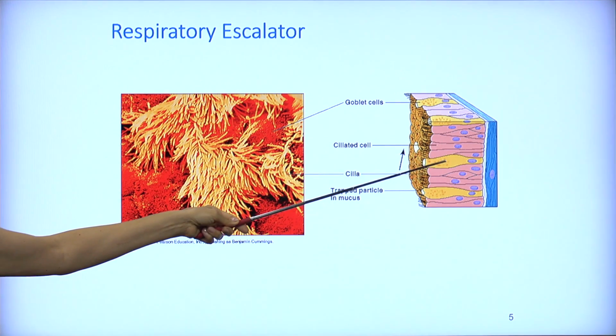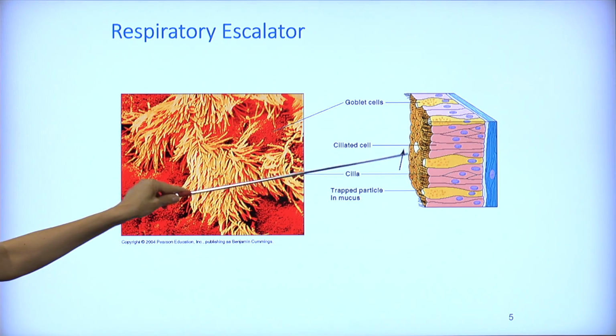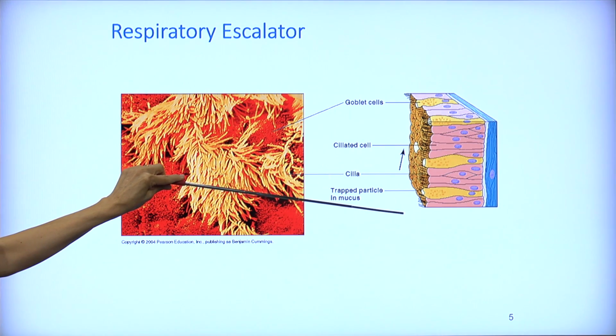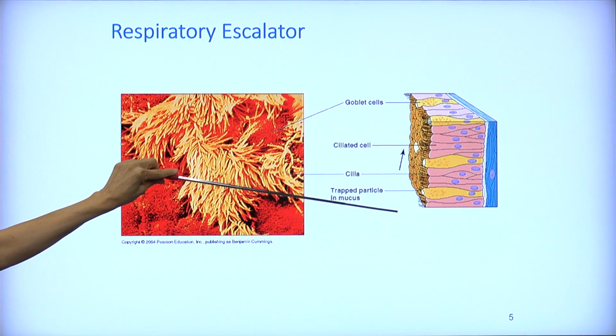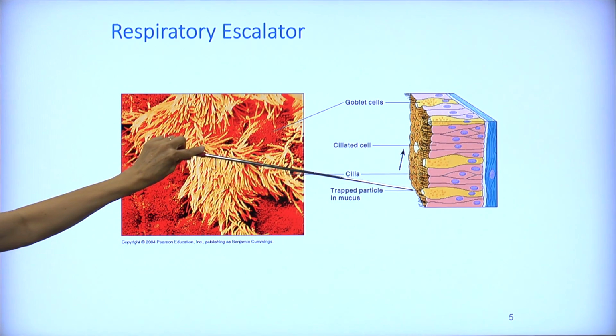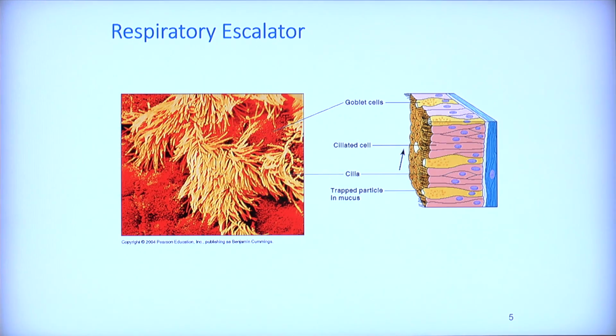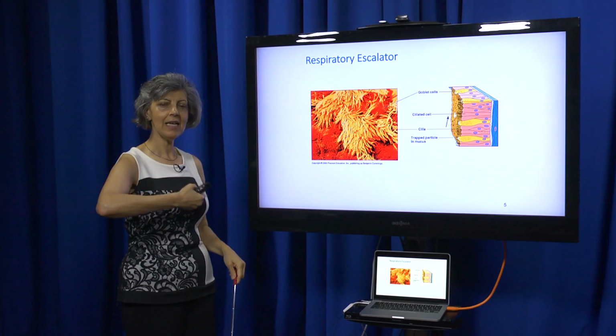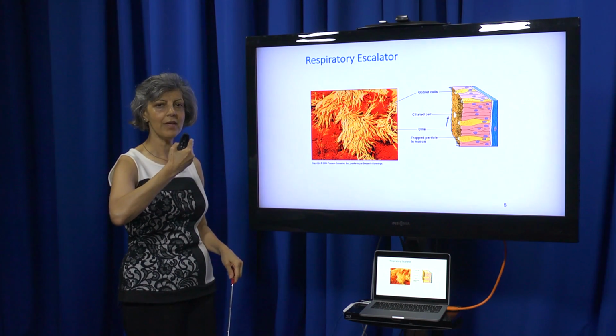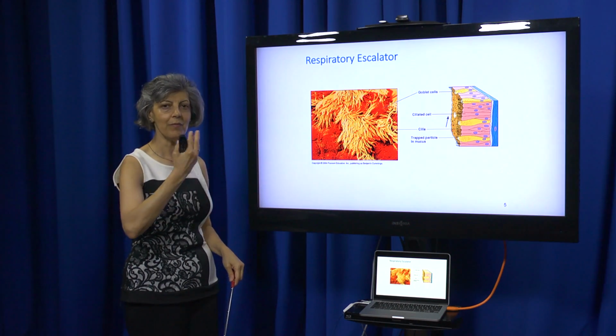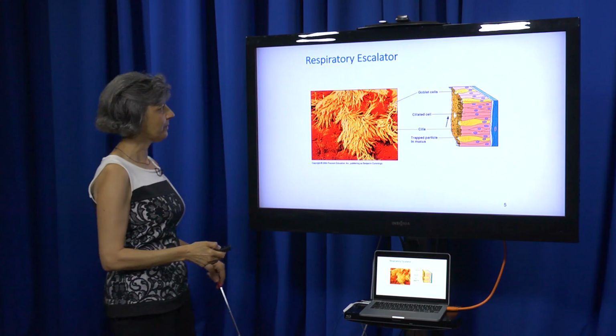We have the goblet cells that secrete mucus, and any inhaled toxins or antigens are going to stick to this membrane, and the cilia can beat and bring any inhaled particles up to the upper airways, where we can cough them and get rid of them.